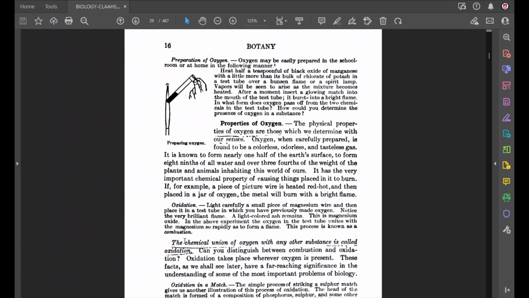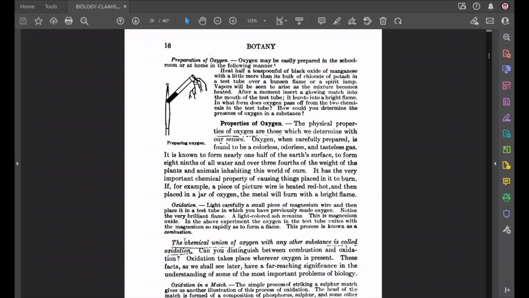Now, the next section, which I'd like you to take notes on, is titled The Properties of Oxygen. So let's study oxygen a little bit. What is oxygen? And remember, this is not chemistry class, so this is not some kind of exhaustive study of elements and compounds and experiments in chemistry.